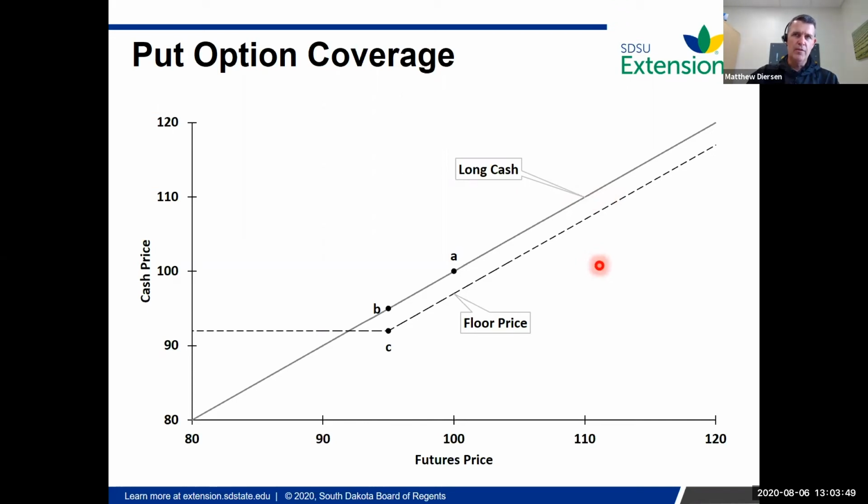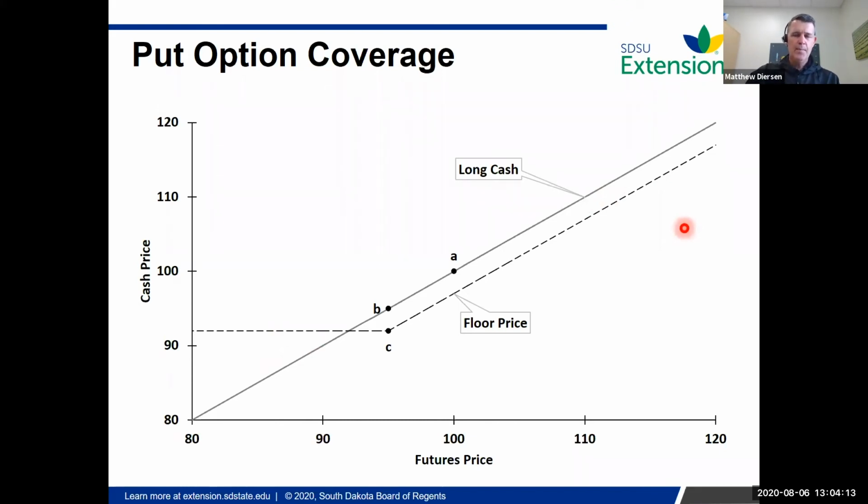So it's a big difference between fixing the price at one point and having the negative downside eliminated while still being able to remain in for most of the upside move. That makes put options attractive to manage risk in settings like the fed cattle market.